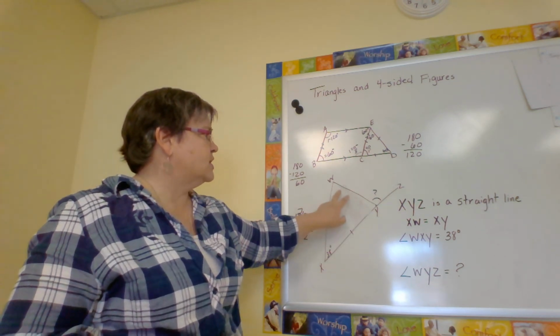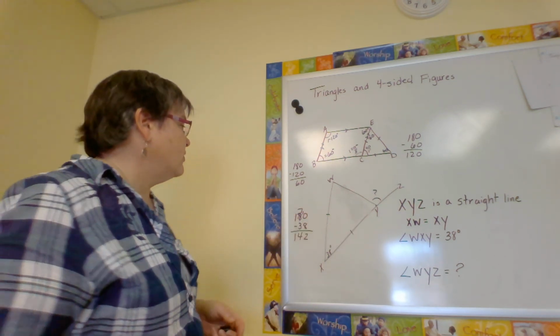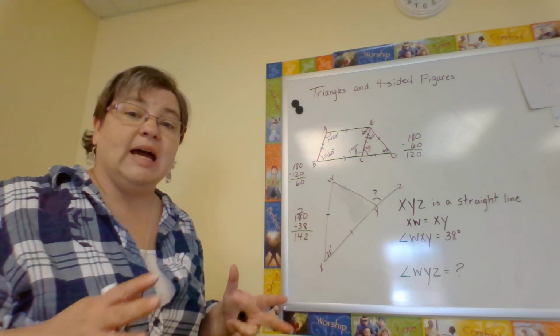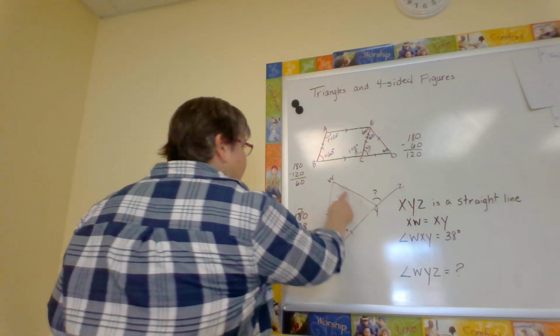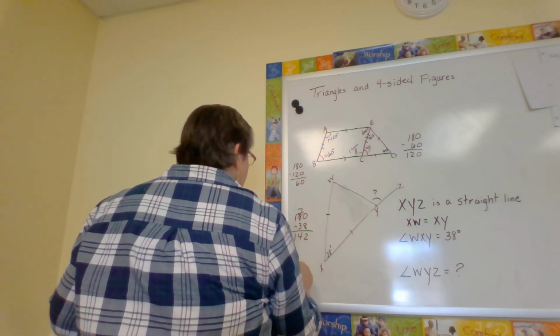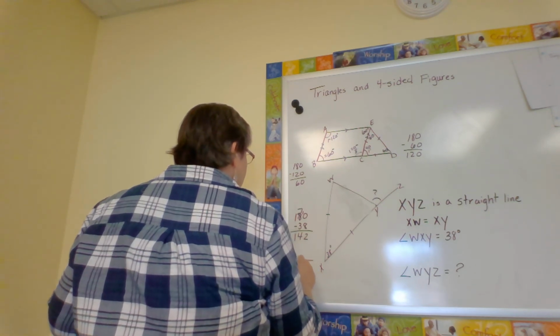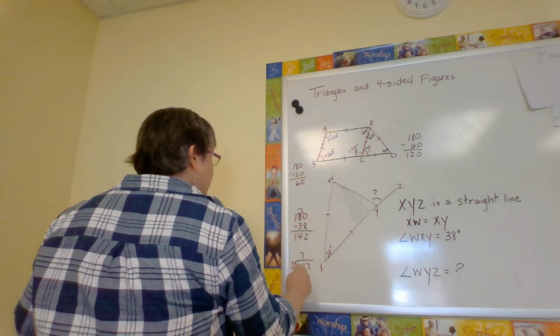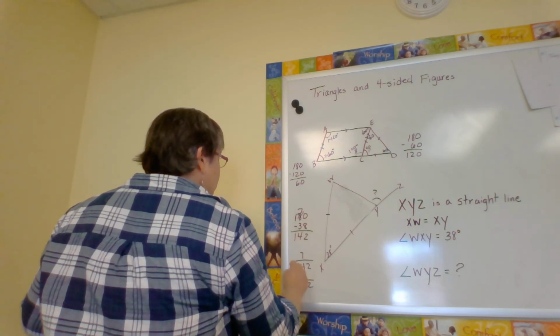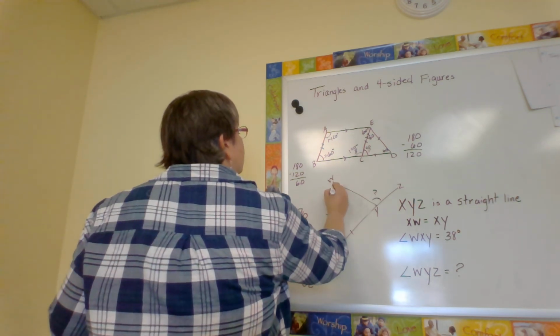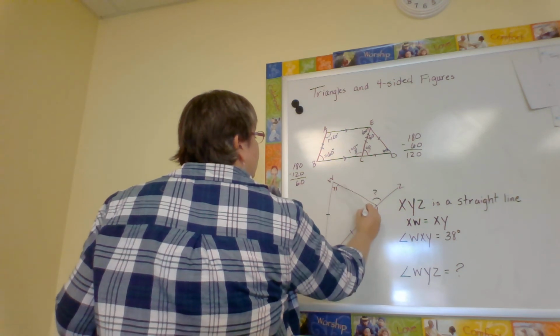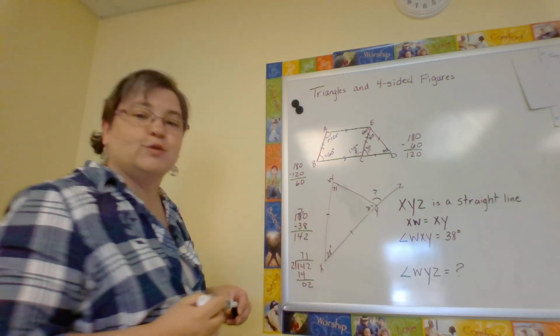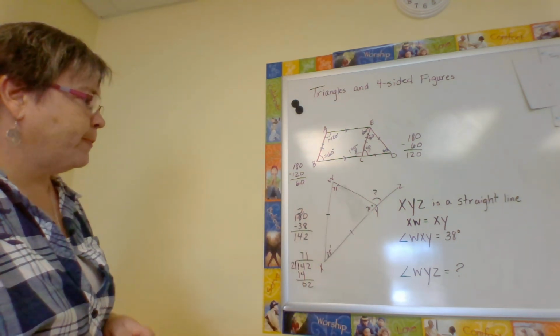So the sum of these two is going to be 142, but I'm going to divide by 2 because I know these have to be equal. So 2 into 142, 2 into 14 goes 7 times, 2 into 2 goes 1. So here I have both of those angles equal 71 degrees.